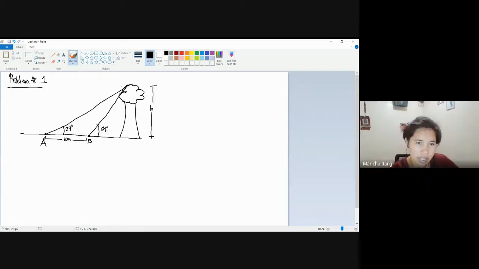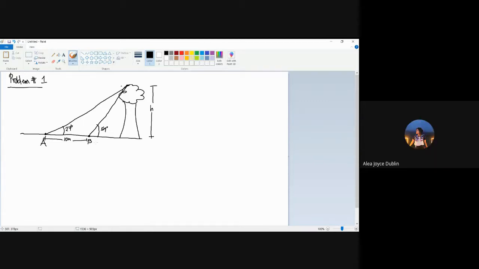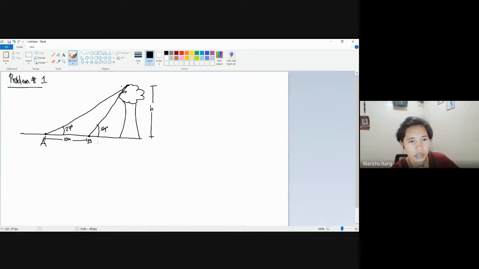Can we use sine? Sine, cosine, tangent? For the cosine, we only have one angle and a distance, so we are not allowed. But we can solve the angle, right? Can we solve this angle here? Let's say this is theta.